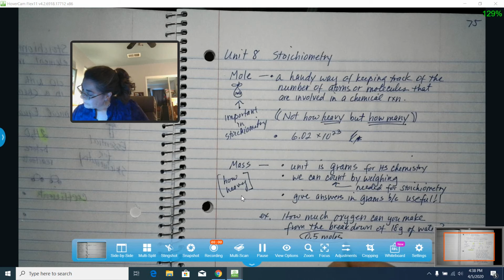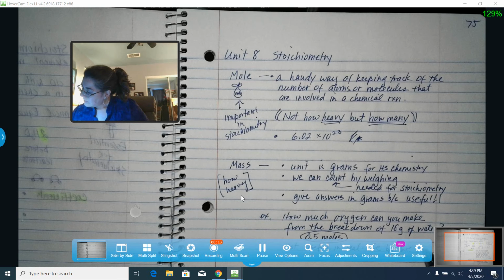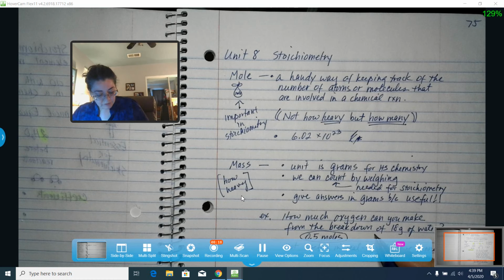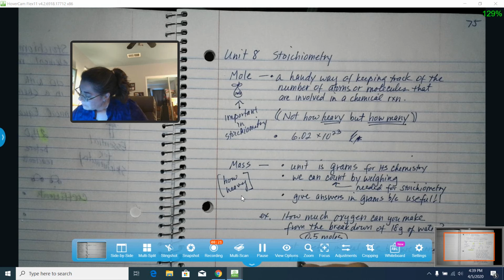Okay, so this answer, not useful in real life, because we cannot measure this with an instrument. Okay, what will be more useful is, how heavy is it, or how much volume does it occupy?